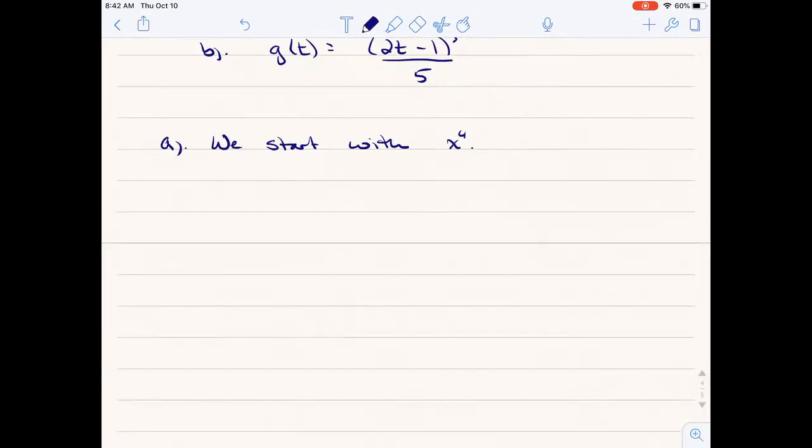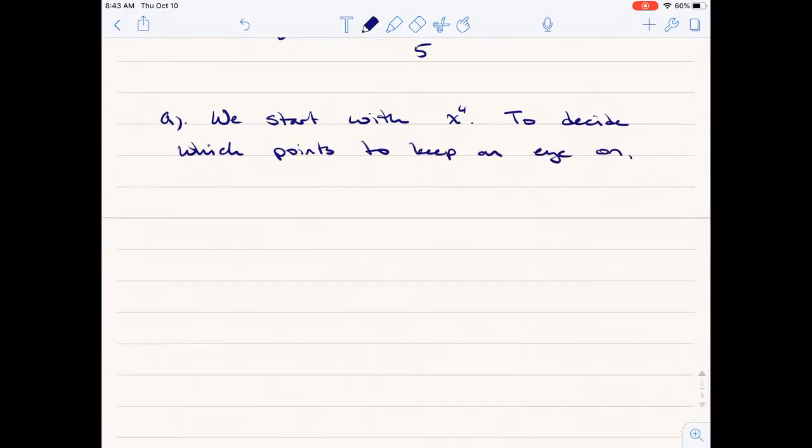If we think about which points to pick, what if we let x be -1, 0, and 1? Those are easy to deal with. So to decide which points to keep an eye on, let's try x equals -1, 0, and 1 and see what happens.